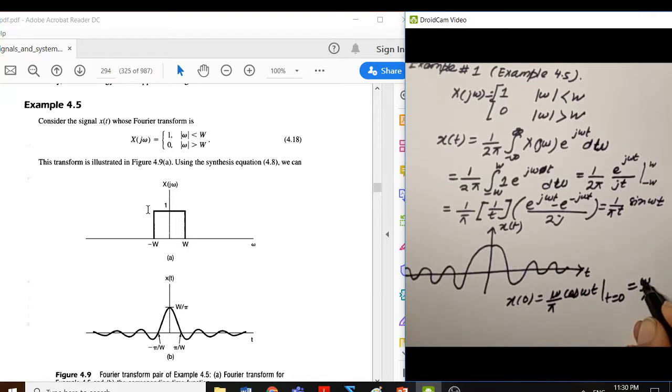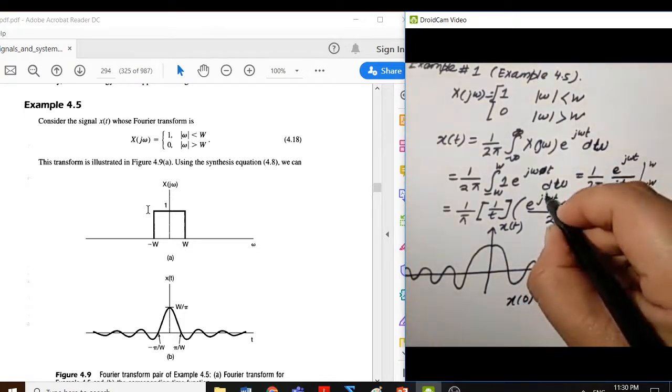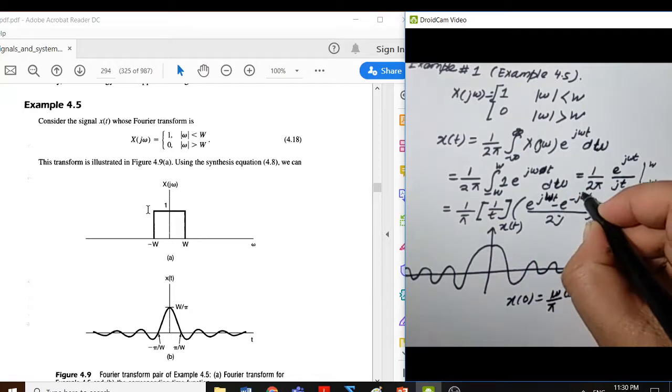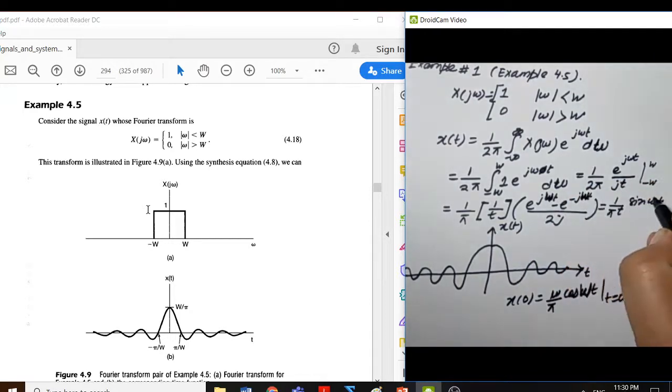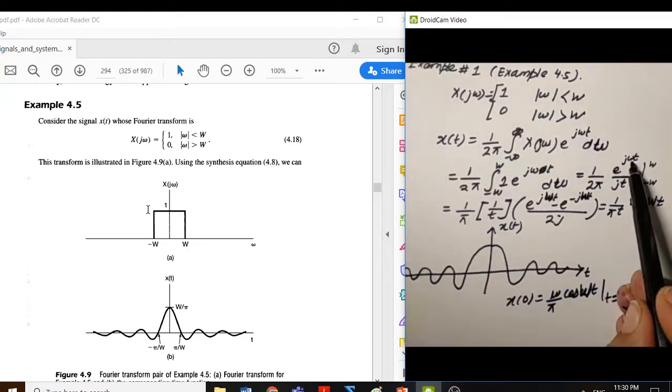I don't know, this W and omega keep getting mixed for me. After I substitute, the value is W over pi.